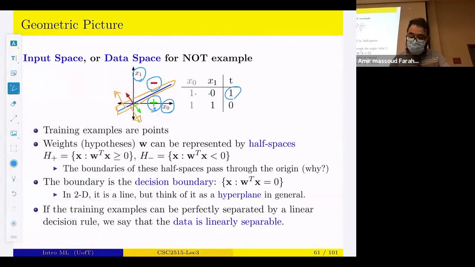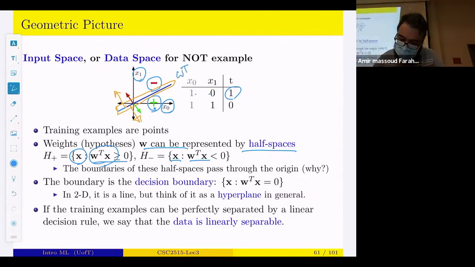So weights or hypothesis W can be represented by these half spaces, which are basically saying that we have the set of x's where W transpose X is positive, and the set of x's where W transpose X is negative. So you see that W transpose X is defining a line here.